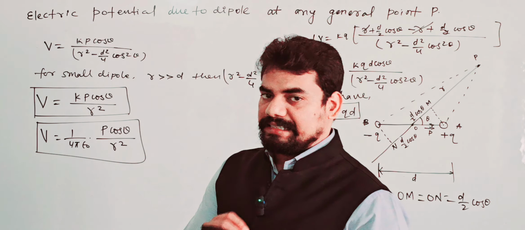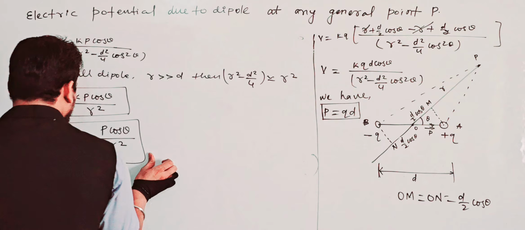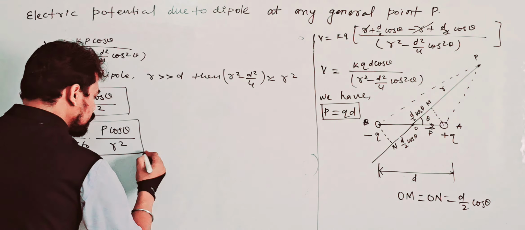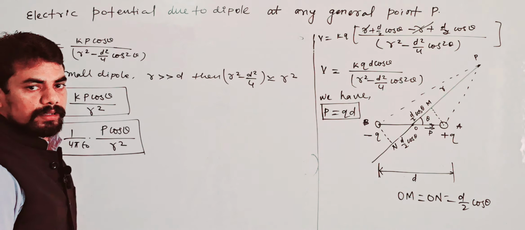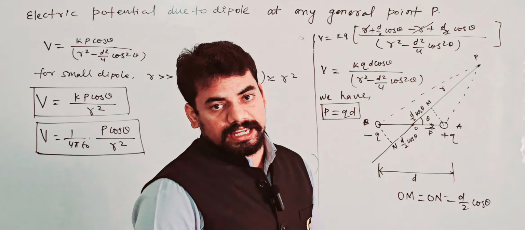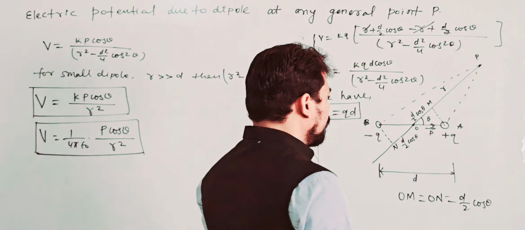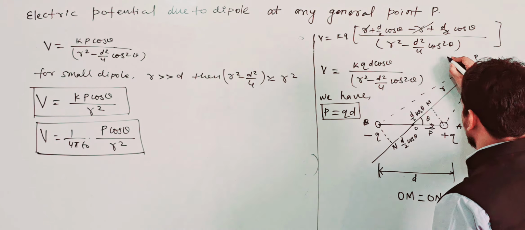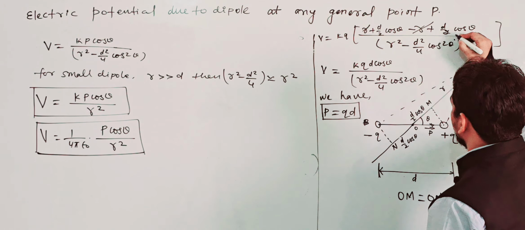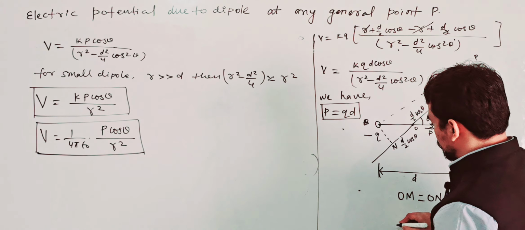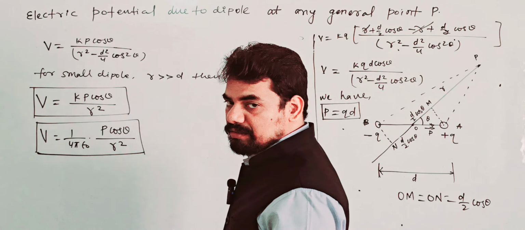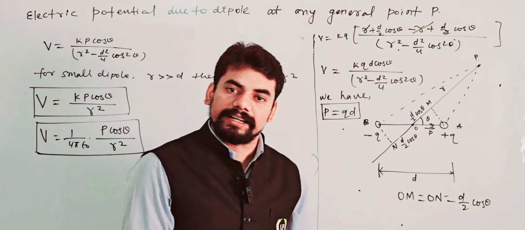Look carefully here. This value will become the general value. What is the general value? If you take theta over here, this will be the point. You can take a point here, here, here, and you can find the potential at any point.